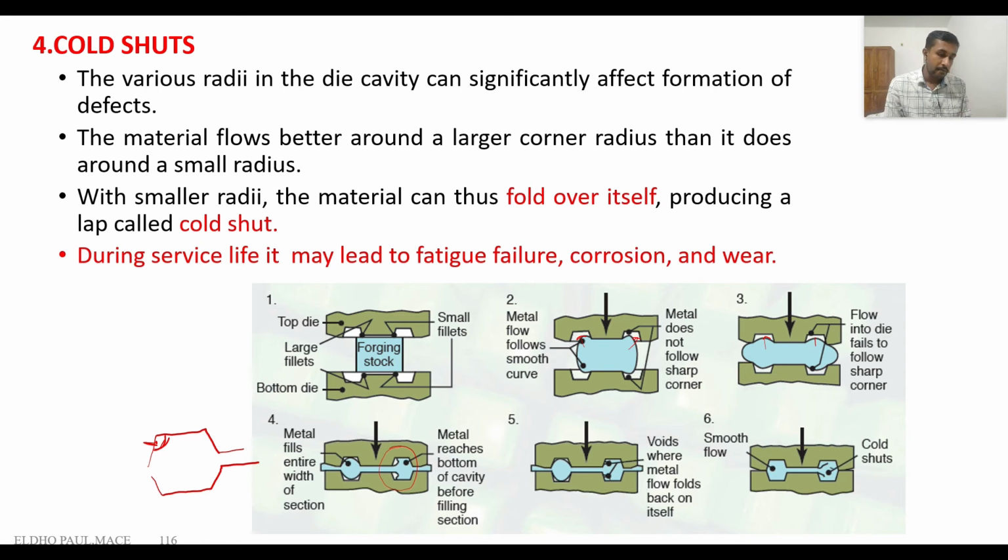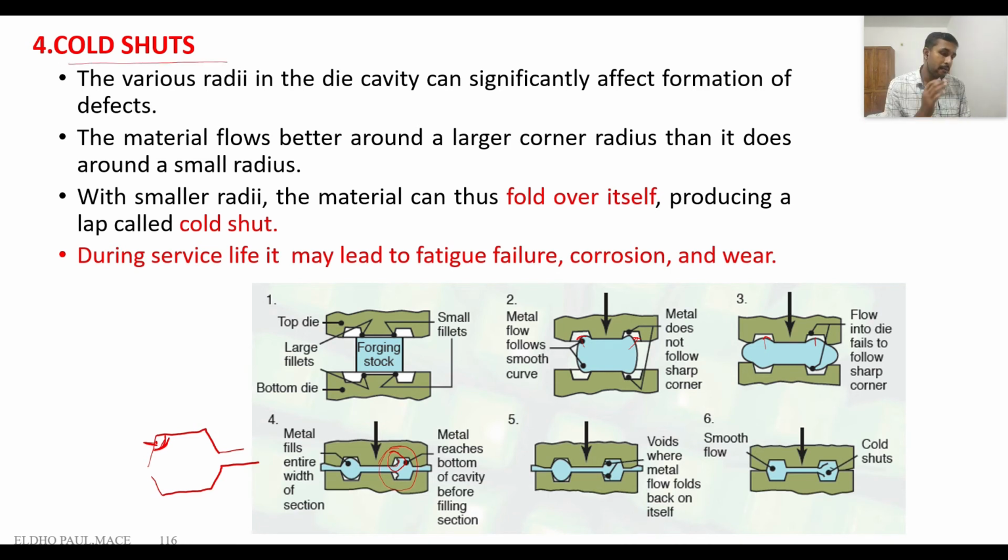During this forging process, the material in this region folds over itself like this. Here we can see the material fold over itself, and it makes a void space by this self-folding of the material, and this is called a cold shut.